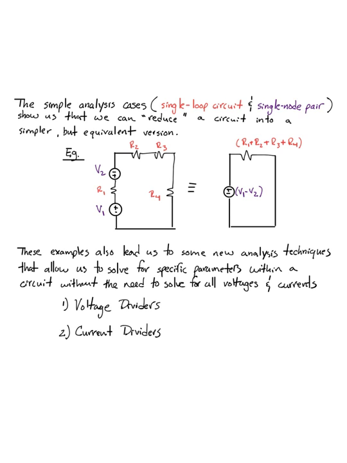But beyond that, these examples also lead us into using some useful analysis techniques that allow us to solve for specific parameters within the circuit rather than solving for all voltages and currents in the circuit. So the two examples that I want to talk about now are called voltage dividers and current dividers.